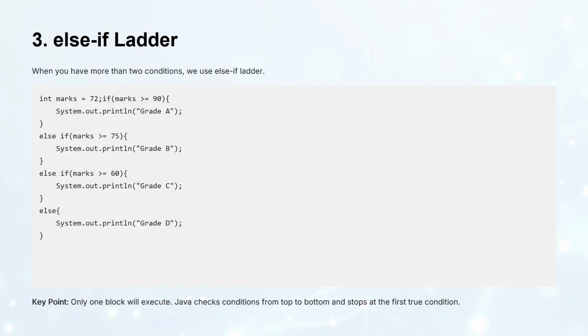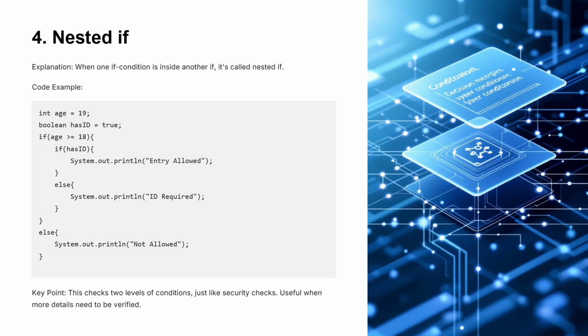Let us move to the next type of conditional statement, that is nested if. When one if condition is inside another if, it's called a nested if. Like you can see here, the variable age is 19, and it has also taken one boolean value, hasId, that is true.